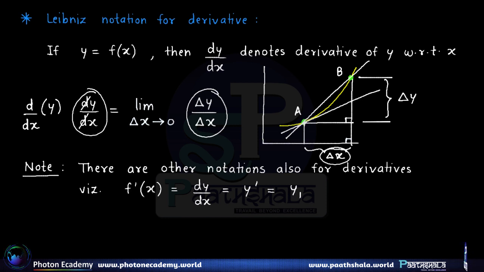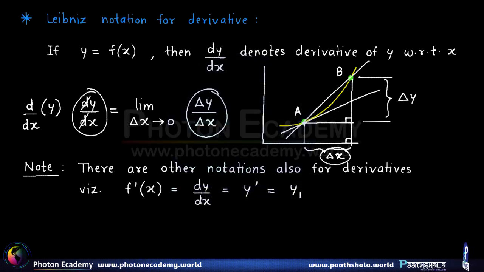That is a clearer meaning of the Leibniz notation. Now based on this we will solve a few examples on how to find the derivative using first principles, that is, the definition of derivative as a limit.